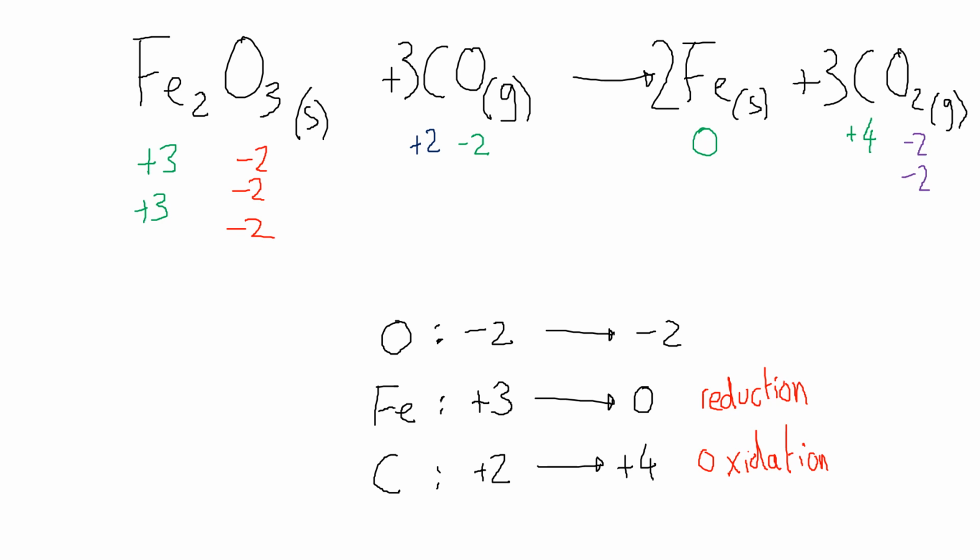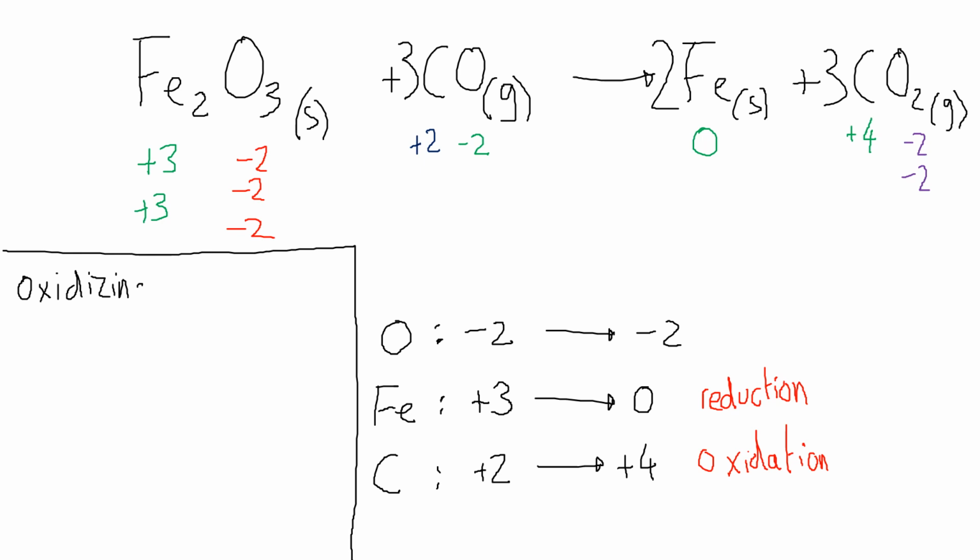A couple of other terms we need to know and be able to define when it comes to this that come up a bit. First one is an oxidizing agent. Now the job of an oxidizing agent is to go out and oxidize something else. That's what its purpose is. Now if it oxidizes something else, it must get reduced itself in the process.